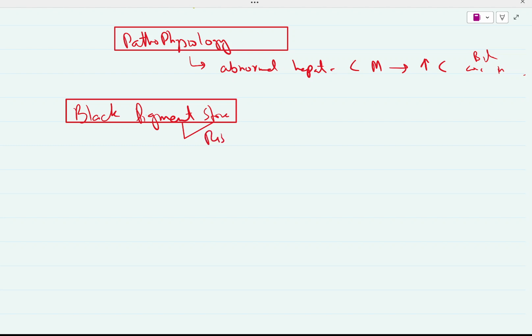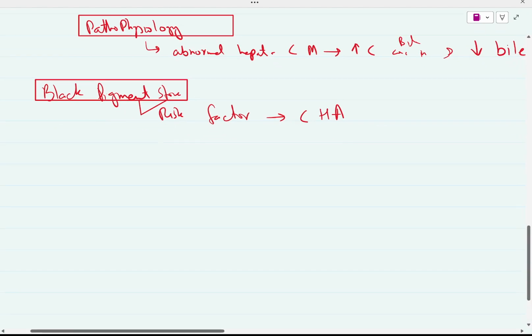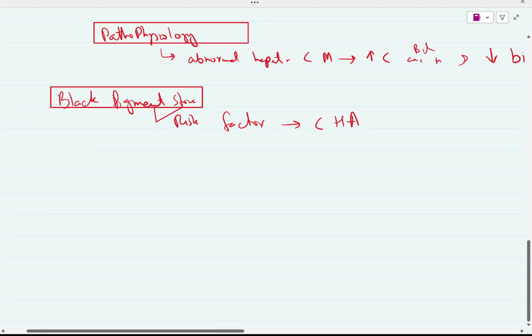So risk factors of these black pigmented stones: first thing is chronic hemolytic anemia. A patient comes to you with a history of hemolytic anemia like sickle cell disease or hereditary spherocytosis, in which there is hemolysis of RBCs.